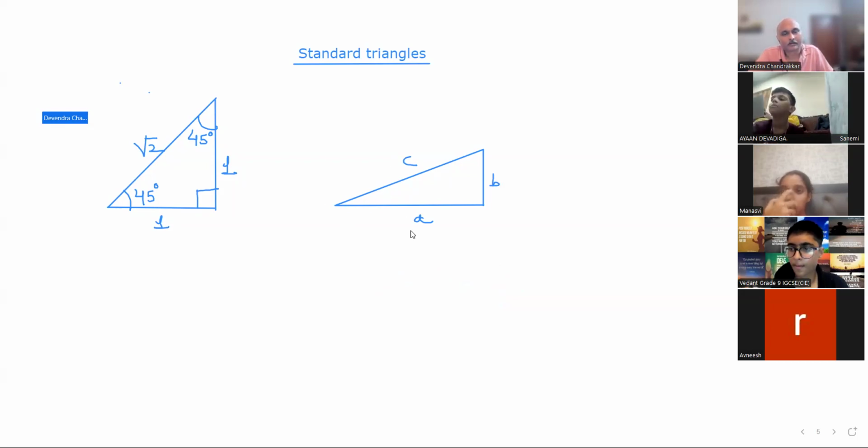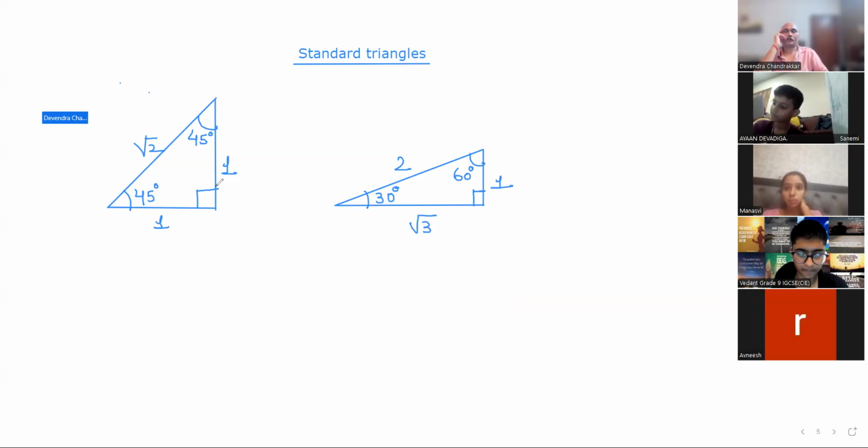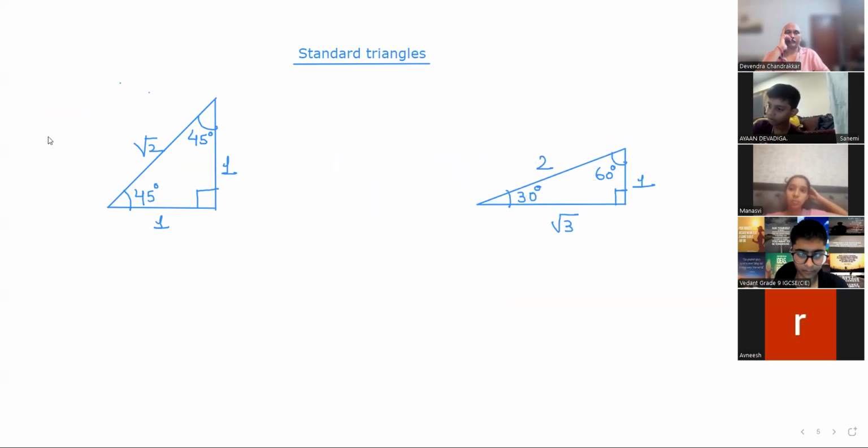And here, these angles are 30 degrees, 60 degrees, and this is 90 degrees, right? So opposite to 30, the side is 1, the longest side is 2, and using the Pythagoras theorem, we write this side as root 3. Now, using these values, we can easily find these.